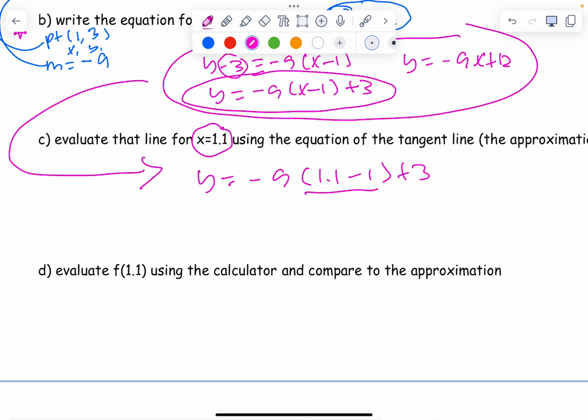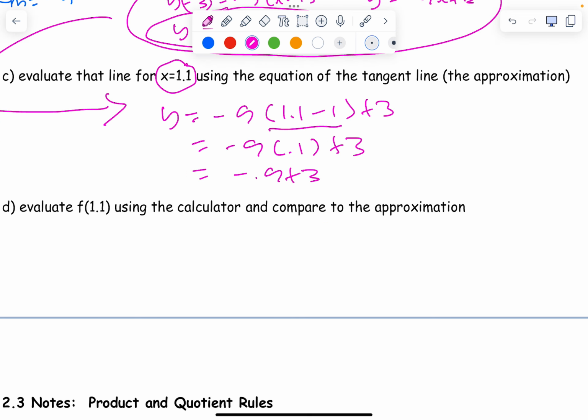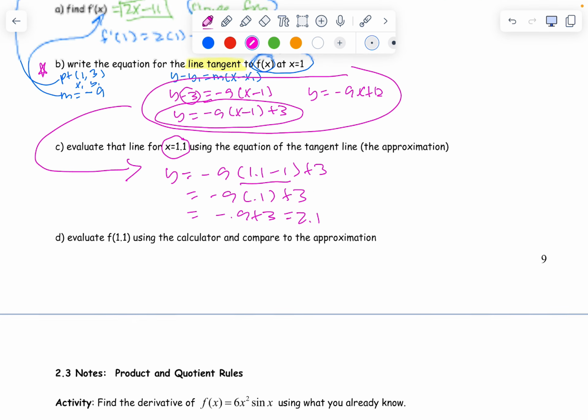I'm going to do that inside first: negative 9 times 0.1 plus 3, which gives me negative 0.9 plus 3. Let's see if that's easy to evaluate. So 3 minus 1 is 2, right? But I'm not taking the whole thing, so it's 2 point how many? 2.1.